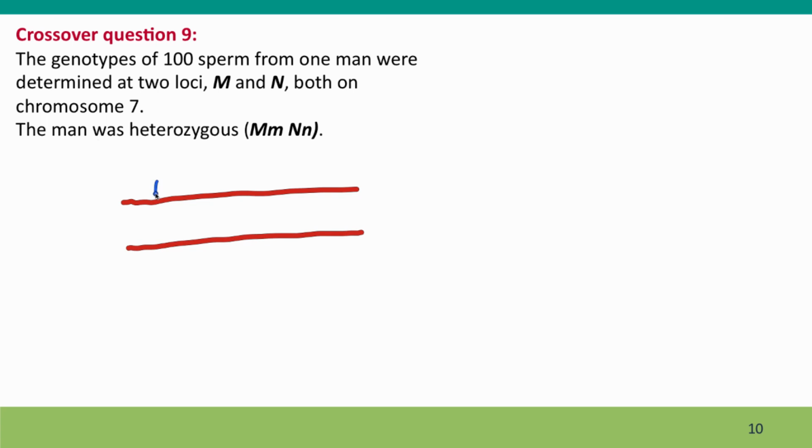If we put the big M allele here and the little m allele here, then we're left wondering, well, does he have the big N allele with the big M allele, or does he have the little n allele? And vice versa. But in this problem, we're actually going to use the genotypes of the sperm to tell us which arrangement is correct, which arrangement he inherited from his parents.